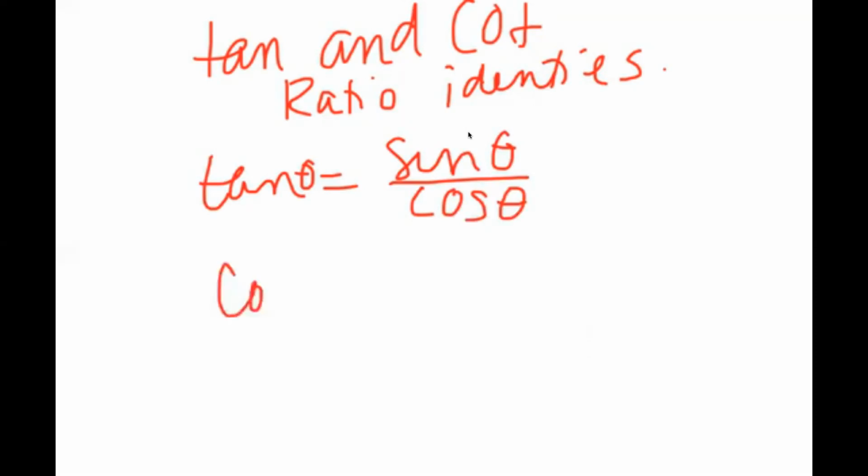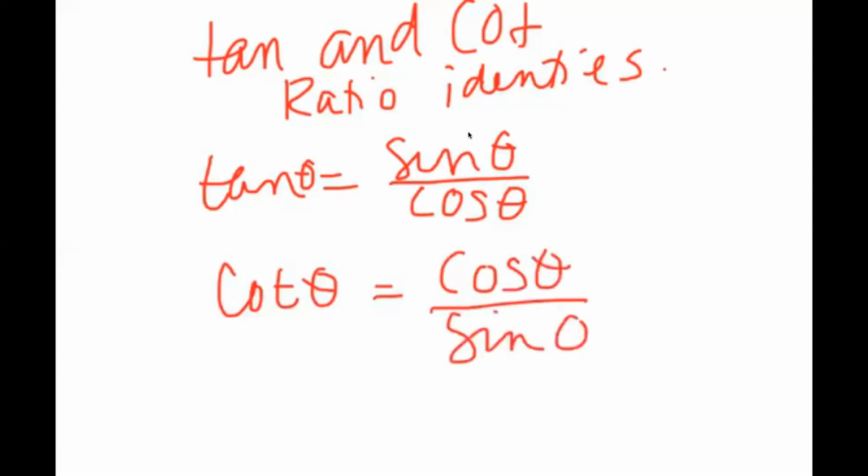And likewise, its inverse, cotangent theta, is cosine theta over sine theta. So as we get into proving these trig identities, basically you're recalling previous knowledge. You're using previous information and using these substitutions in order to be able to prove these trig identities.